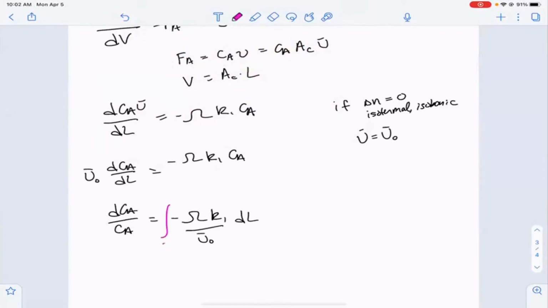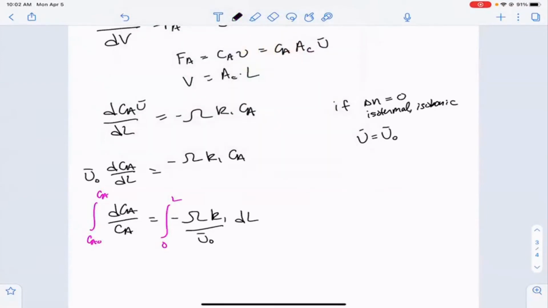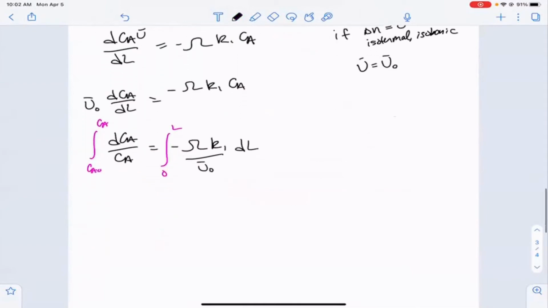If we integrate over the length of our reactor, and we know that at the inlet we're at CA0, and we go to some arbitrary concentration further down the packed bed reactor, the solution is reasonably straightforward. This is the natural log of CA evaluated from CA0 to CA, and that equals minus the overall effectiveness factor, K1 over the initial velocity times the length.